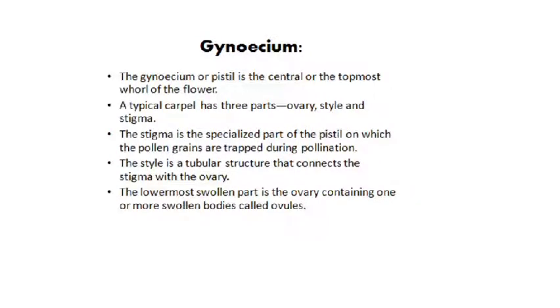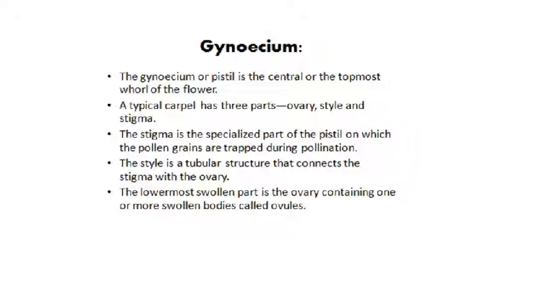So, the character of the gynoecium. The gynoecium or pistil is the central or topmost whorl of the flower. A typical carpel has three parts: ovary, style, and stigma. The stigma is the specialized part of the pistil on which the pollen grains are trapped during pollination.